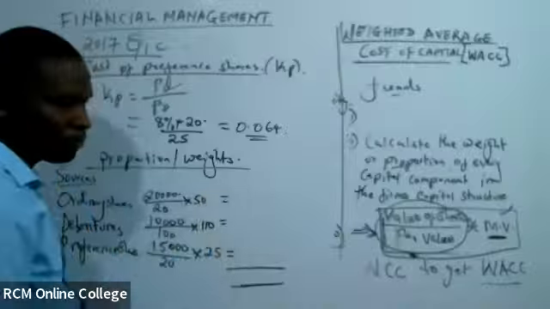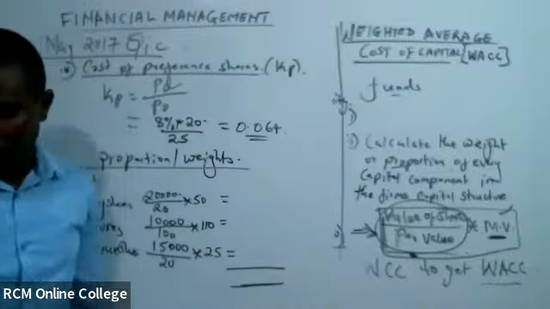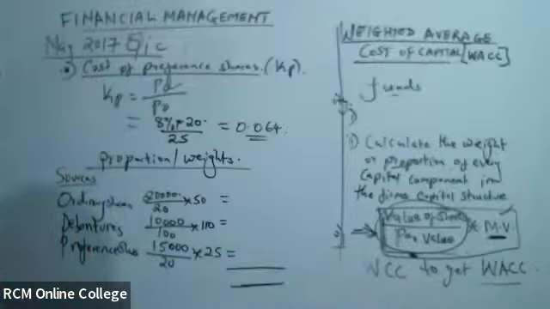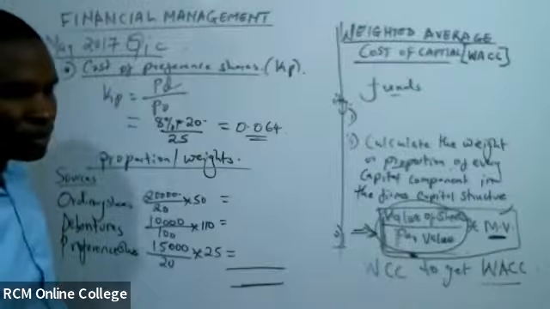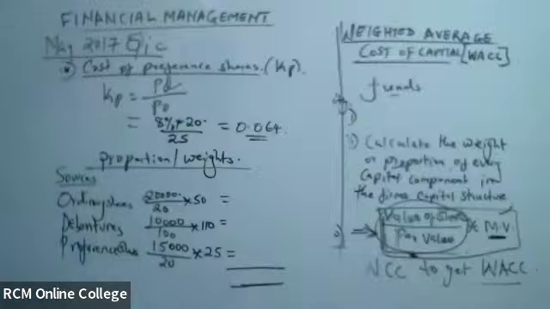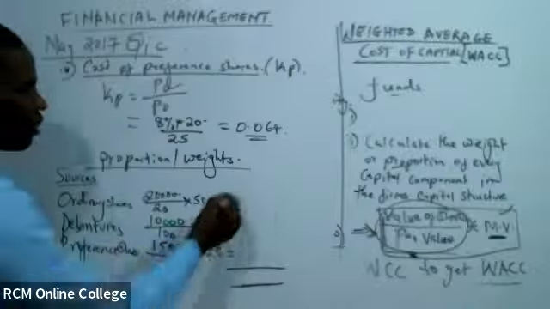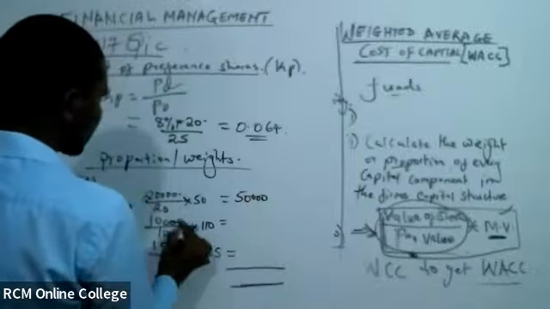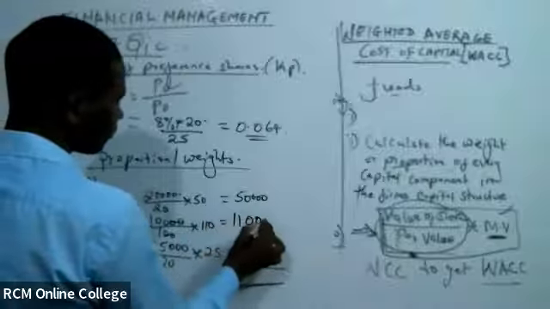Ya kwanza itapata ngapi? Ordinary share ni ngapi? 50,000. Hii tunaweza cancel tupate 11,000.